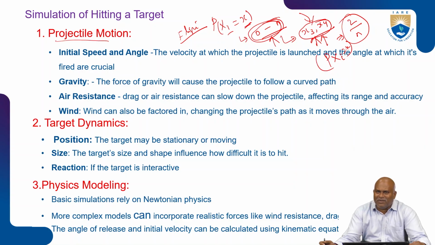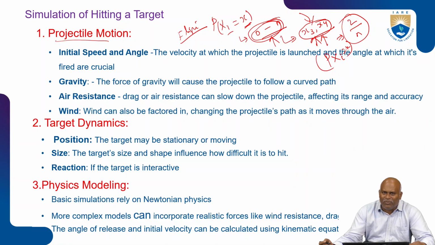The velocity at which the projectile is launched and the angle at which it is fired are critical. Then, for it to travel, it works against gravity. The force of gravity will cause the projectile to follow a curved path.